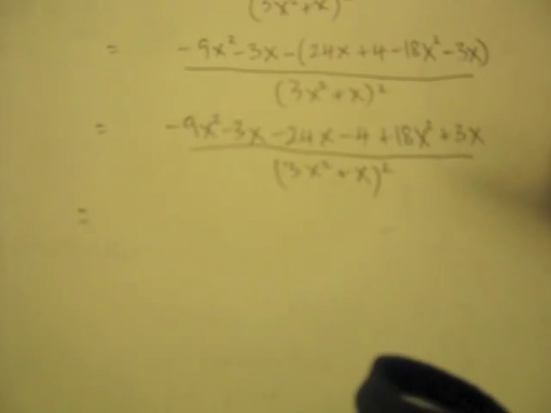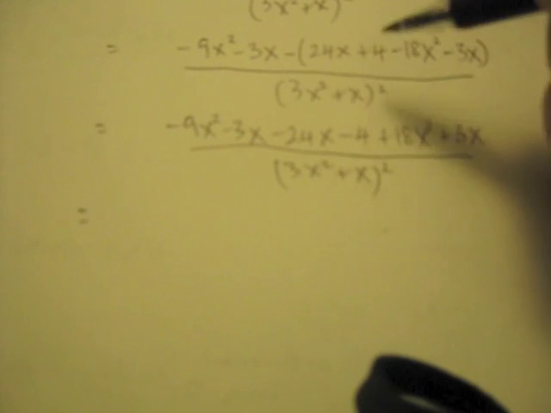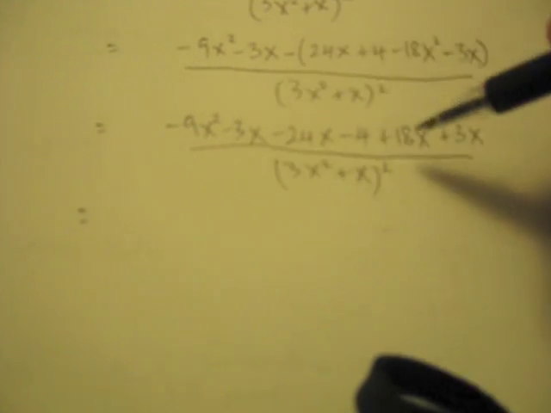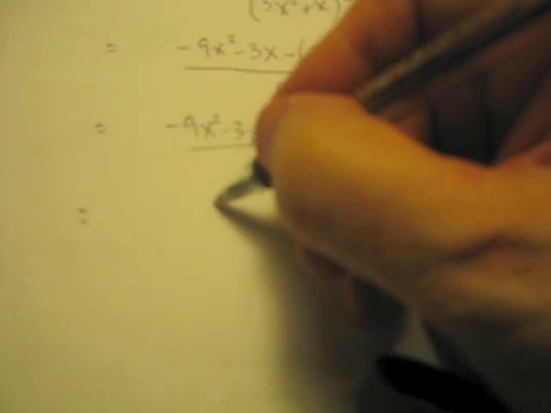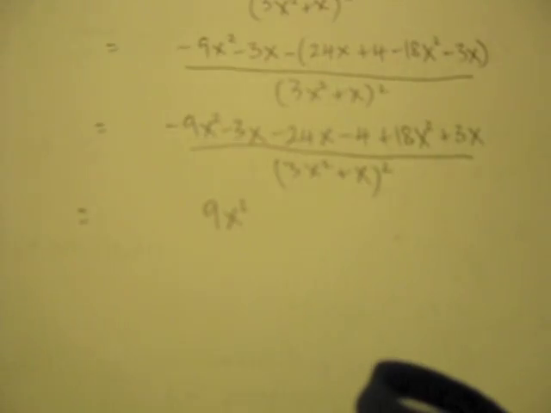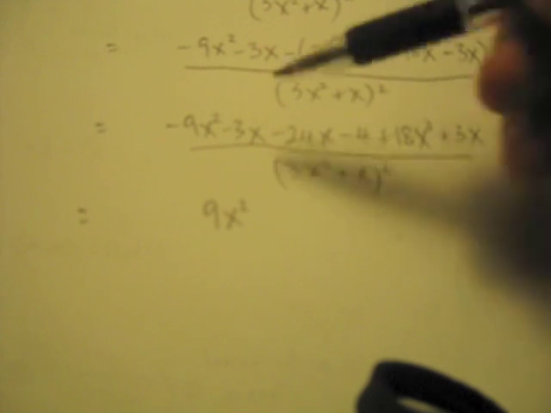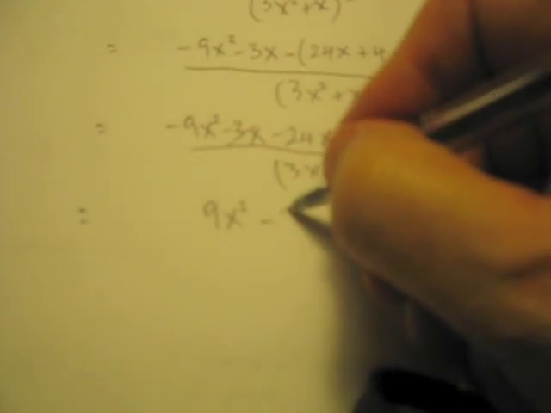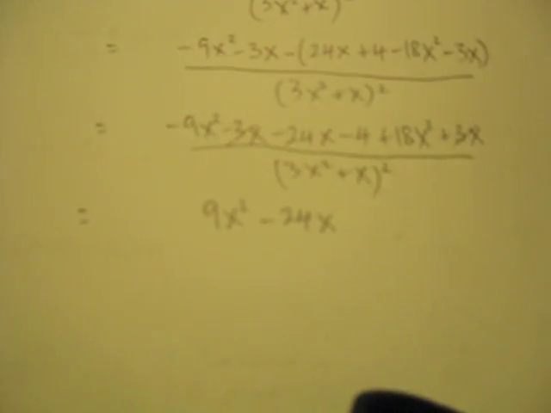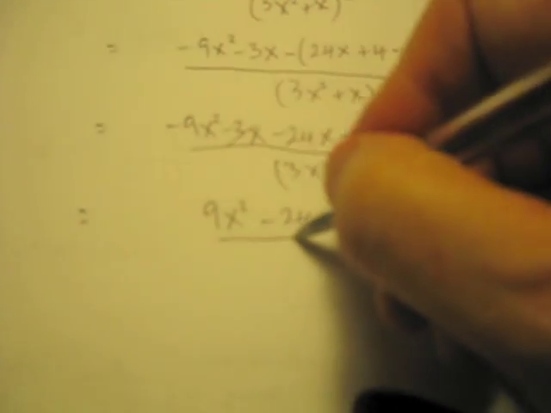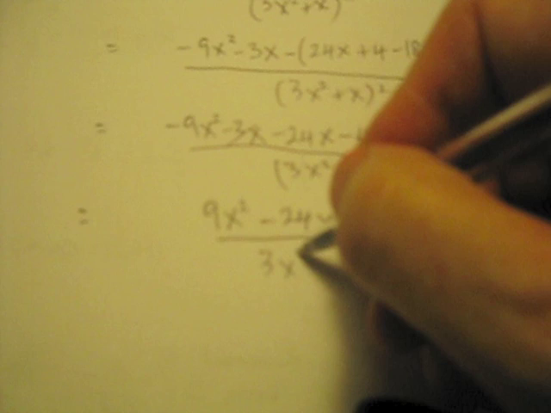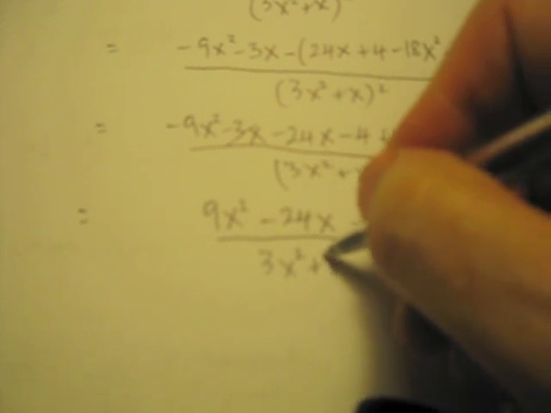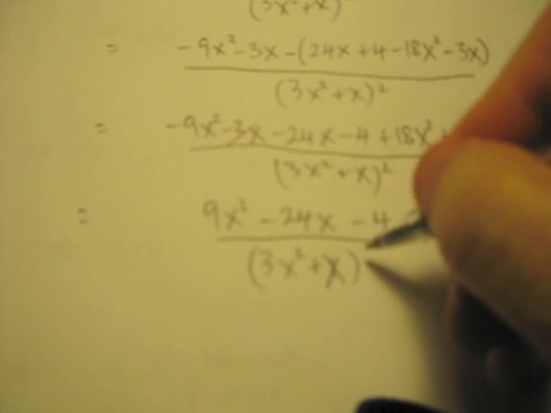Alright, let's collect together the like terms. Alright, so we have negative 9x squared plus 18x squared is 9x squared. We have negative 3x plus a 3x, so that's gone, minus 24x, subtract 4, all over (3x squared plus x) all squared.